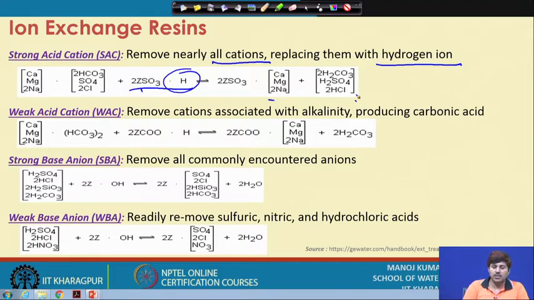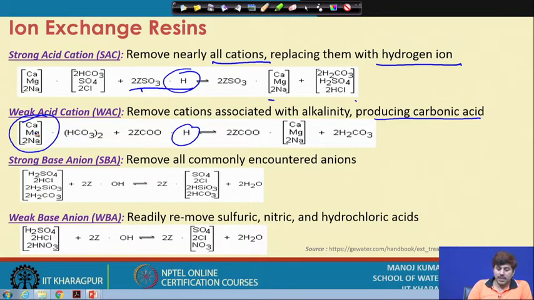We have weak acid cations, which are associated with the alkalinity and those carbonic acids which produce alkalinity. Here your ion will be swapped with ions which produce hardness, like temporary hardness, which is due to calcium, magnesium with carbonate or bicarbonates, and it could remove sodium also, but that is not the primary target here.